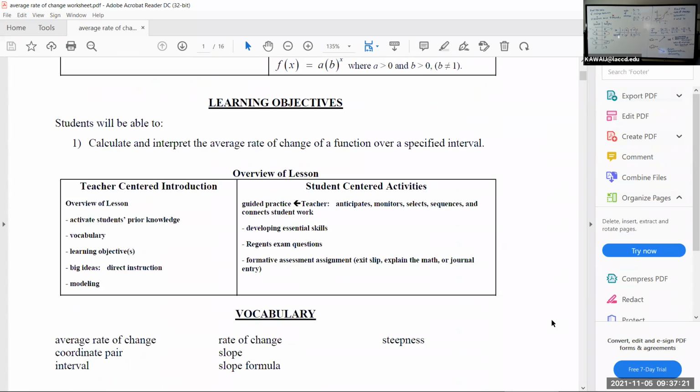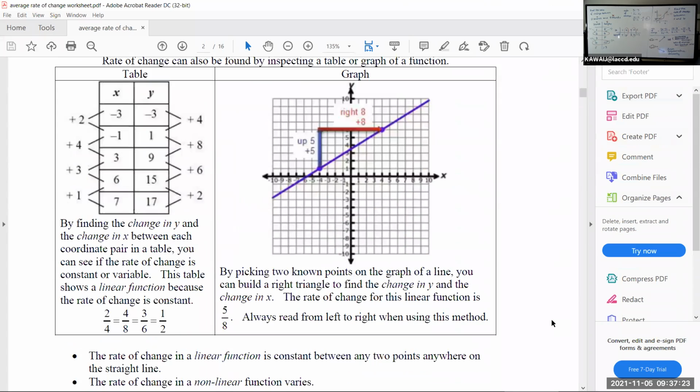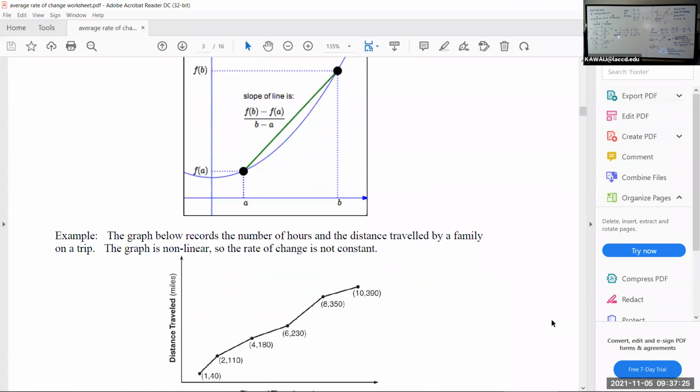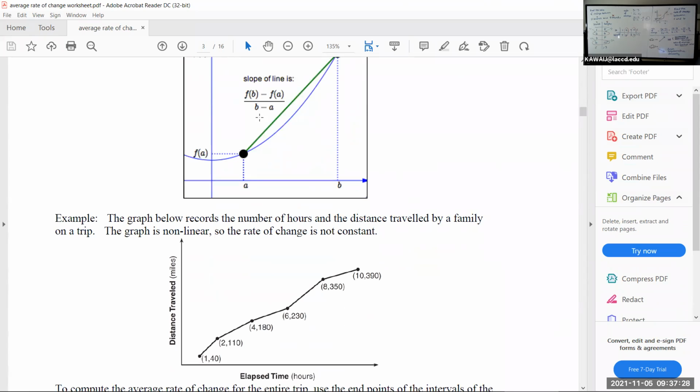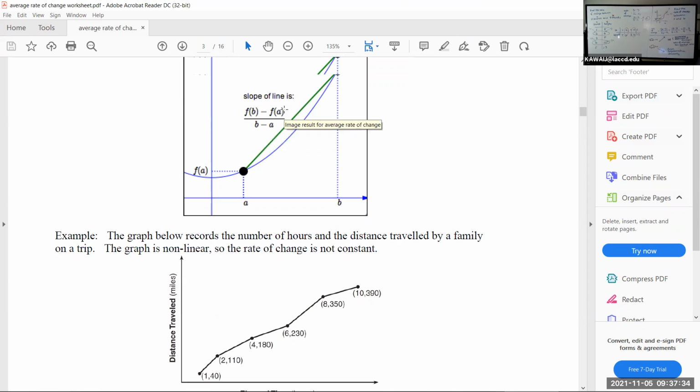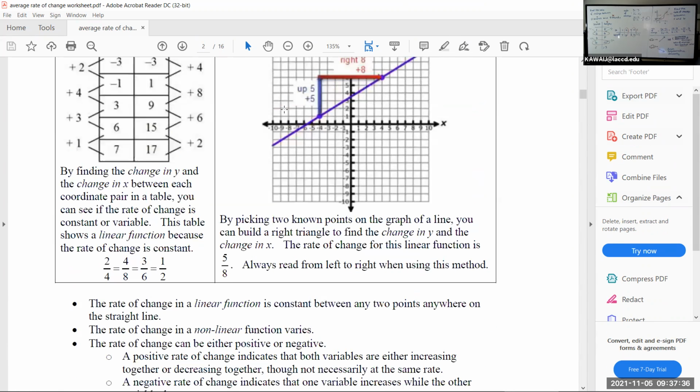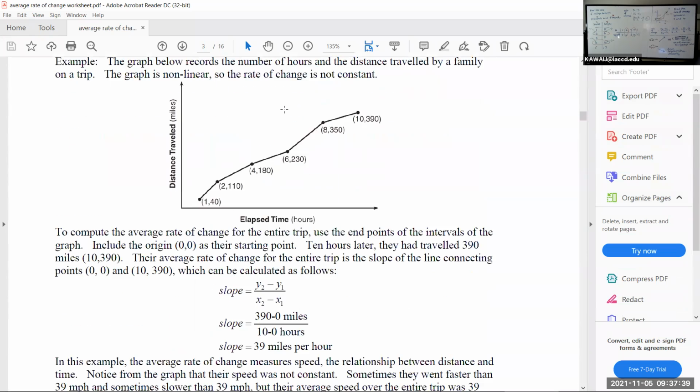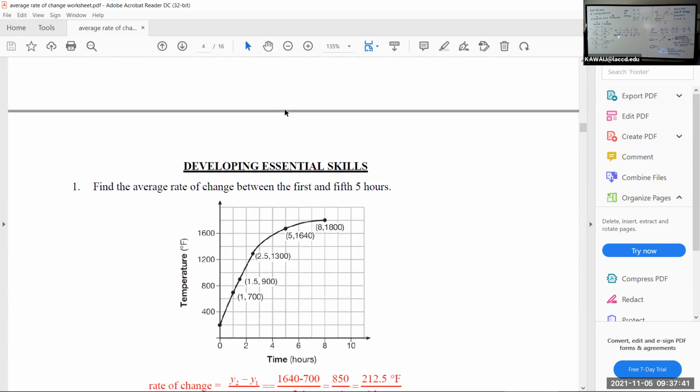Okay. So let's go down a little bit. And see, all this stuff is basically telling you what I tell you, the y2 minus y1 over x2 minus x1. They just write it in sort of function form. But we can think of this just like as we did in algebra.